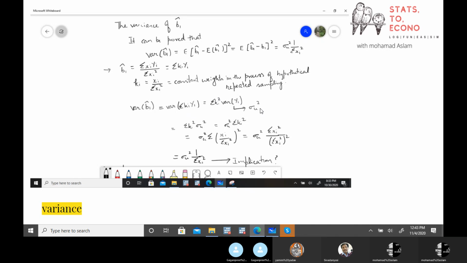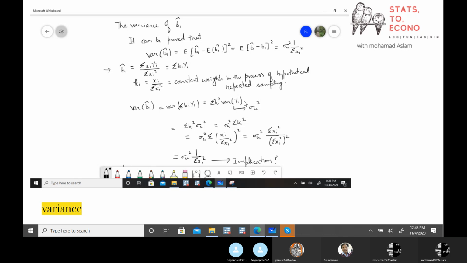In Gujarati, they proved that the variance of y is equal to this particular term. So they just put this value here, and now they have the variance of beta 2 hat, the slope coefficient, equal to sigma square times 1 upon summation xi square.